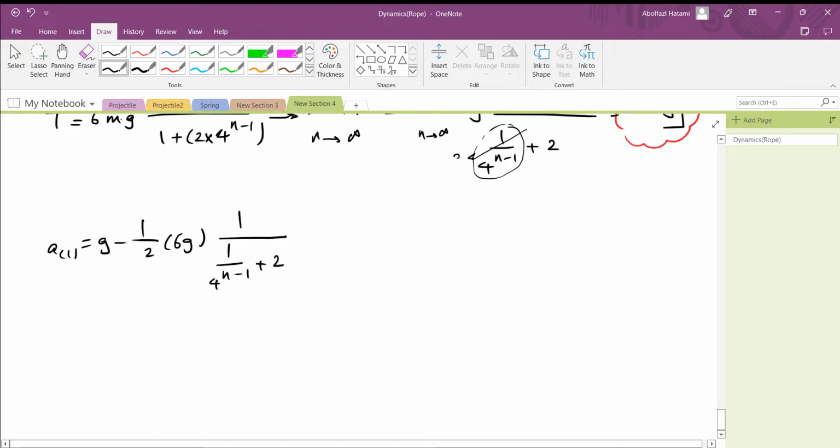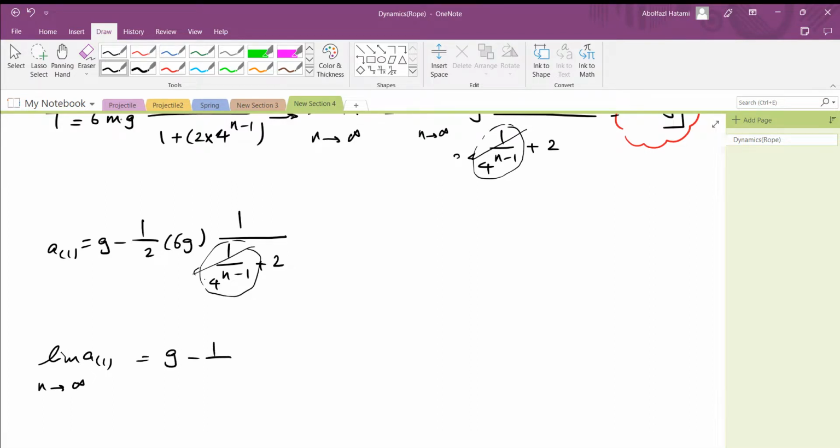If I want to calculate a1 when n goes to infinity, again this term goes to 0, so we just have g minus 1 over 2 times 3g, which is g minus 3g divided by 2, which is minus g divided by 2.